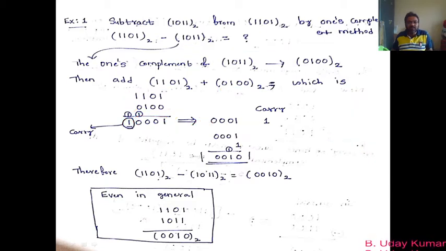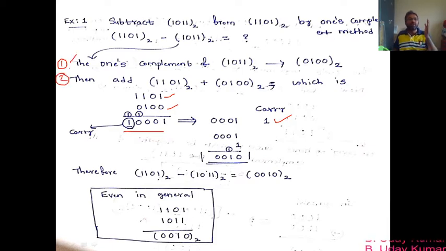I am erasing everything. So when you add 1101 and 0100, you are getting 10001. Out of this, 1 acts as carry, and 0001 is the actual answer that you get when you add these two binary numbers. So these are the two steps that we have followed. One is over. What is one?